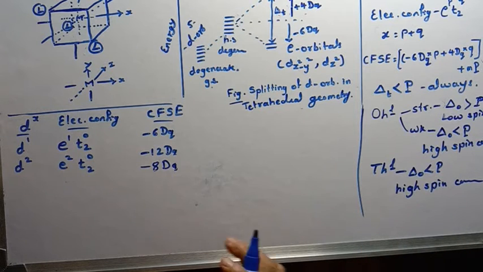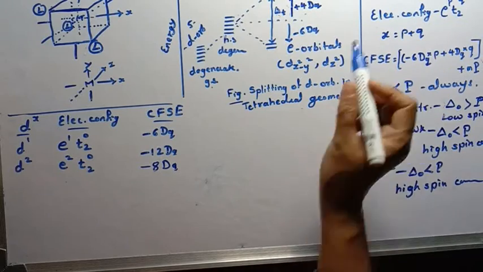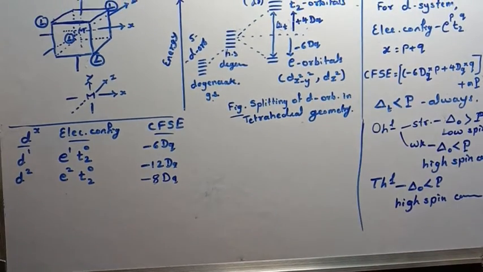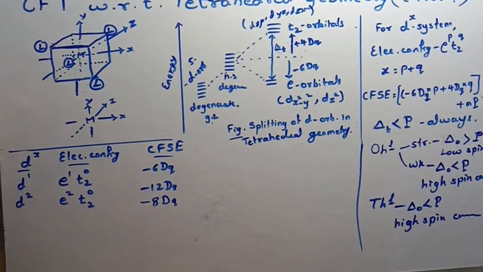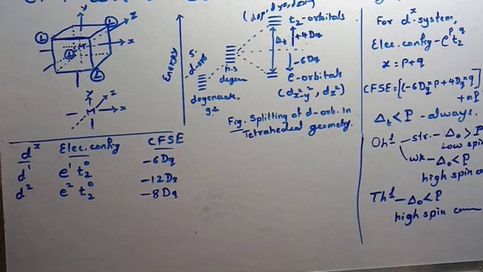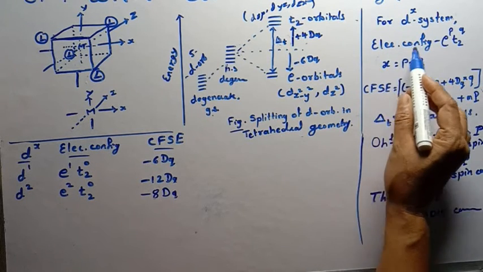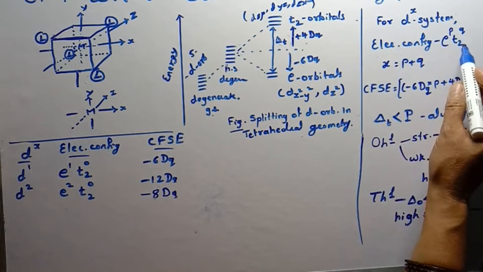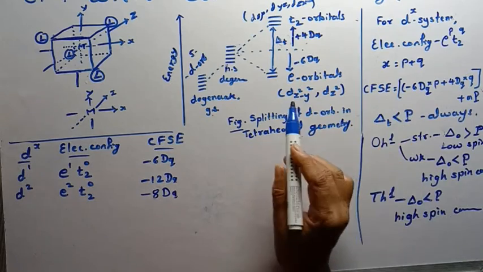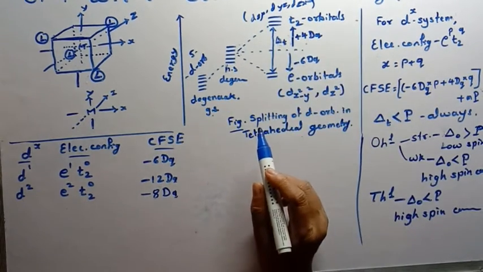Okay. So now with this, we'll move on to the calculation of crystal field stabilization energy. So now for a d^x system, the electronic configuration is e raised to p, t2 raised to q, because e orbitals are filled first and then it goes to higher levels.